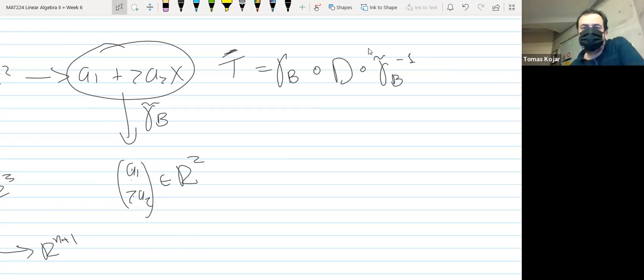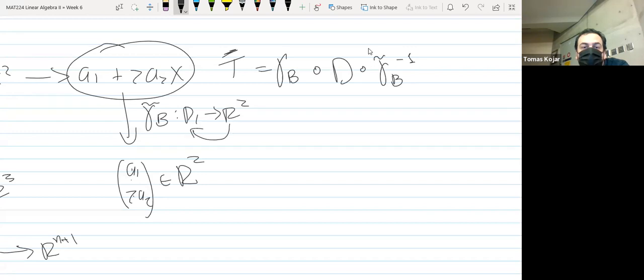I want to find the matrix. Gamma B tilde goes from P1 to R2. Its inverse goes from R2 to P1.